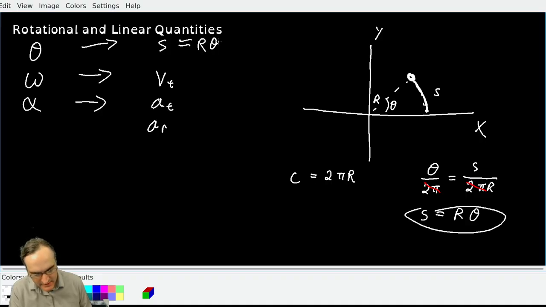The linear distance traveled as you rotate through an angle theta would be r times theta. It's usually more proper for us to think about it as delta s is r delta theta. So we think about how far we've rotated in terms of angle and the radius, and we can turn that into a distance. You will sometimes find this also written as just an x, a distance.